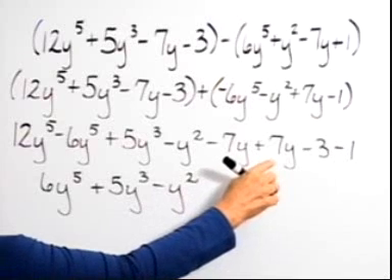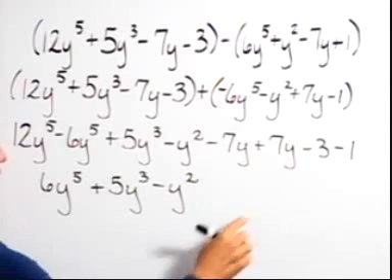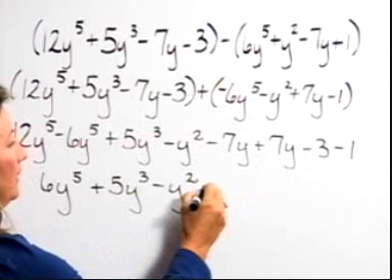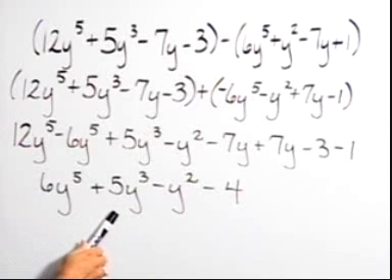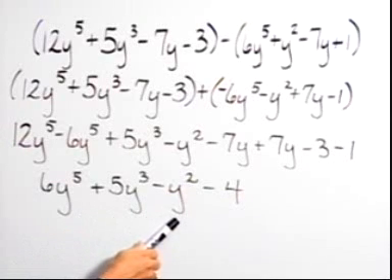Minus 7 plus 7 gives me a 0y, and minus 3 minus 1 gives me a negative 4. So our answer is 6y to the fifth plus 5y to the third minus y squared minus 4.